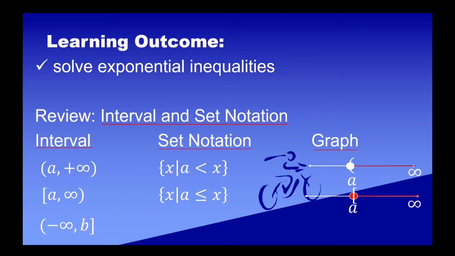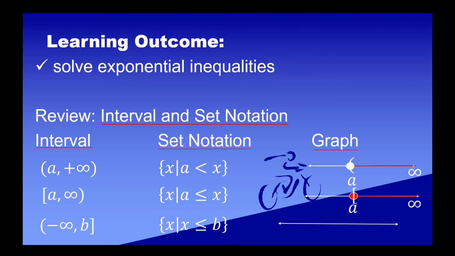So we have here also the third interval, negative infinity and b. b also is represented by a number. So for all x such that x is less than or equal to b. So to illustrate in our graph, for the values of x, kasali na yung b natin dito since x is less than or equal to b.